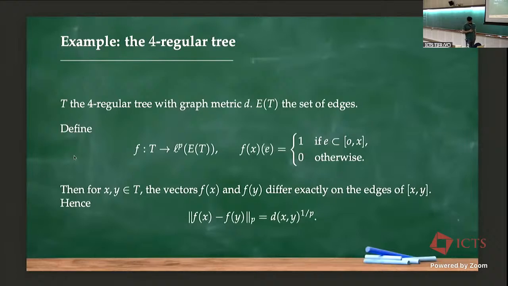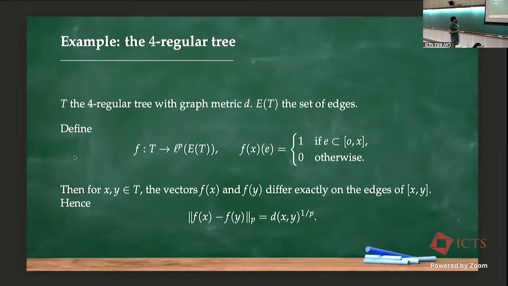One very easy way to define a function is to look at a function f from the vertices to an LP space of the edge set. It just codes the geodesic path between 0 and x, basically.